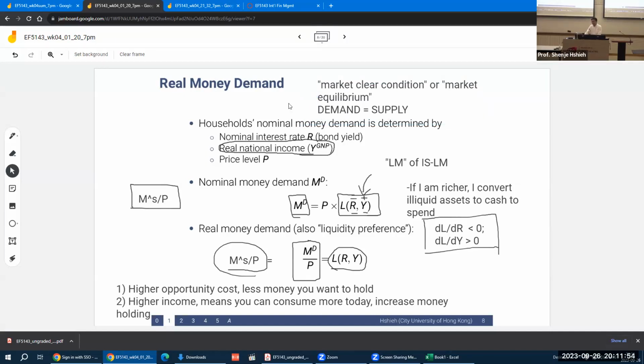So in the money market, the market clears if real money supply equals real money demand. And the FX market, a slightly different mechanism, clears when there are no expected carry trade profits possible.